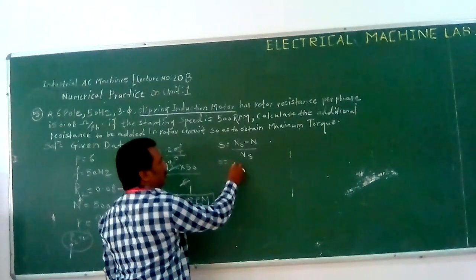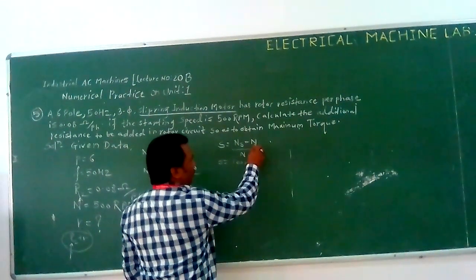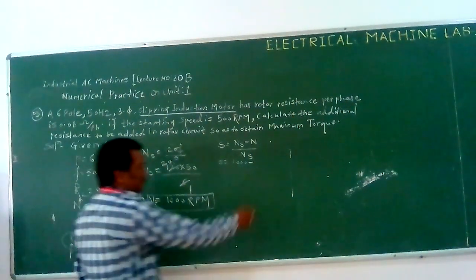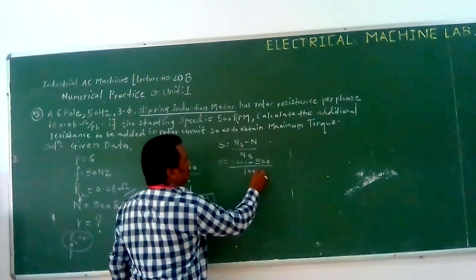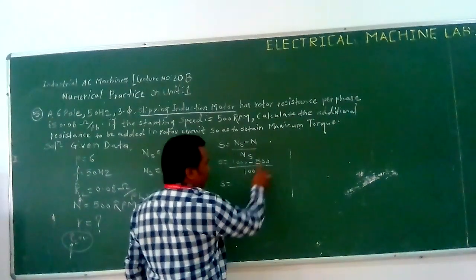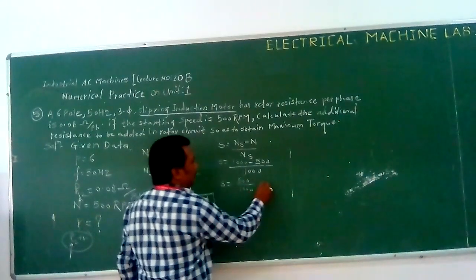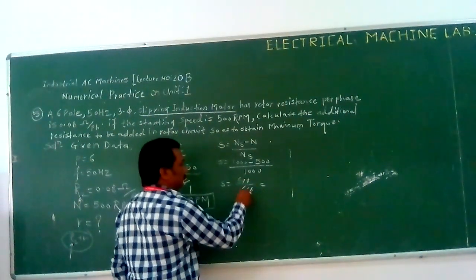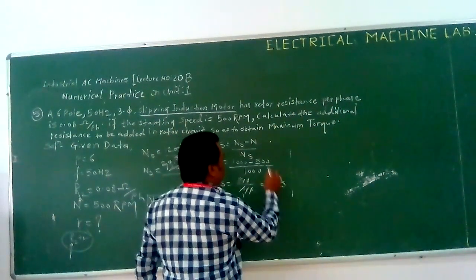Here S is equal to Ns is 1000 rpm, N is 500 rpm as given, divided by 1000. 1000 minus 500 means 500 upon 1000, and it is 0.5.